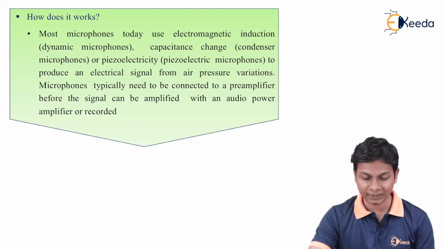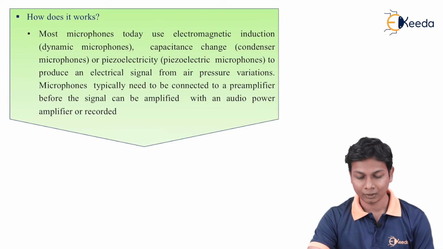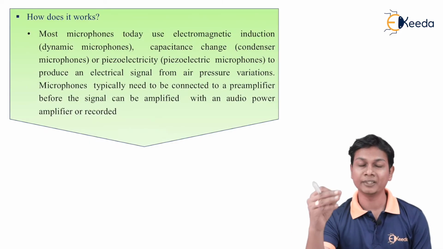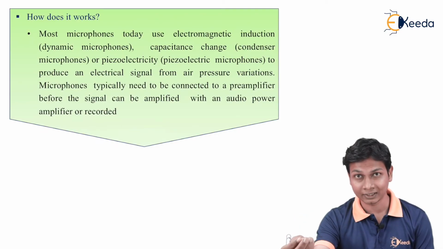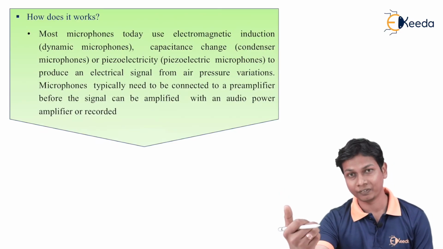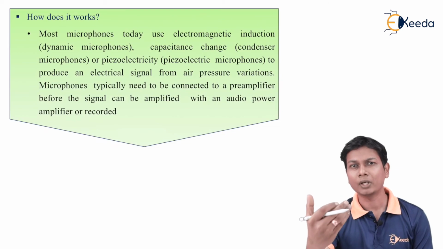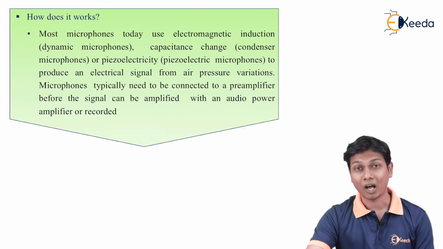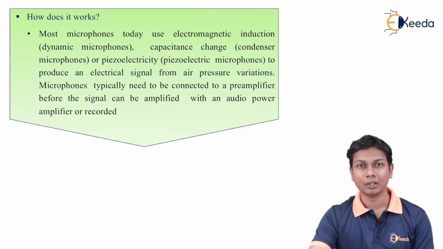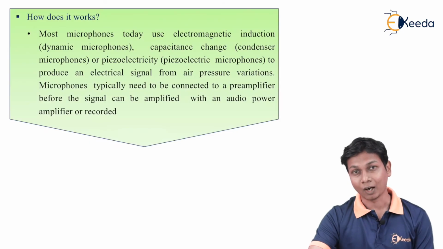Microphones typically need to be connected to a preamplifier before the signal can be amplified with an audio power amplifier. Means what? When we have to produce an electrical signal from the magnetic field, whatever signal is captured from the magnetic field is first amplified, and after the amplification the electrical signal output comes.